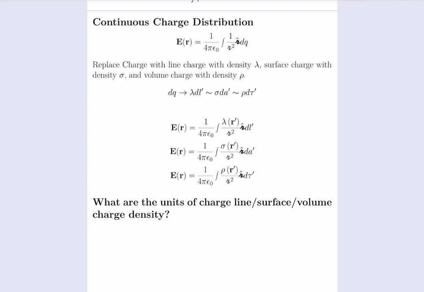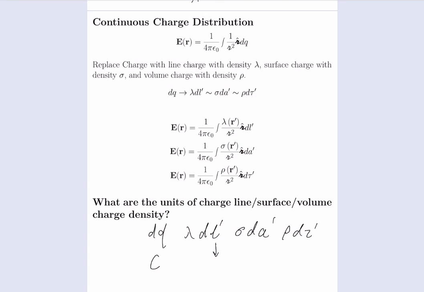Again, we are doing physics, not mathematics. When we are talking about charge density, please make sure that we are on the same page about the units. Even though they are all called charge density, they really have different units. Here dq has the unit of Coulomb, right? And so do dl prime, sigma dA, or rho d tau.